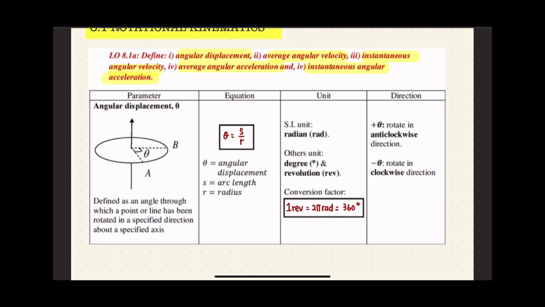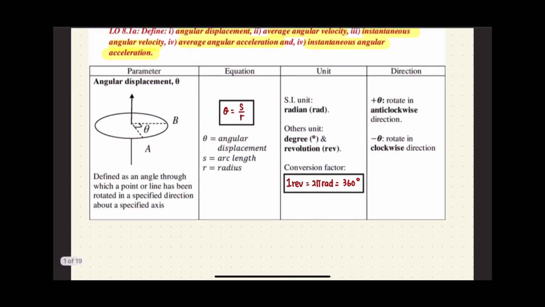Okay, first parameter is angular displacement. The symbol is theta. It is defined as the angle through which a point or line has been rotated in a specific direction about a specific axis. So for a body that rotates through an angle, it must have angular displacement.